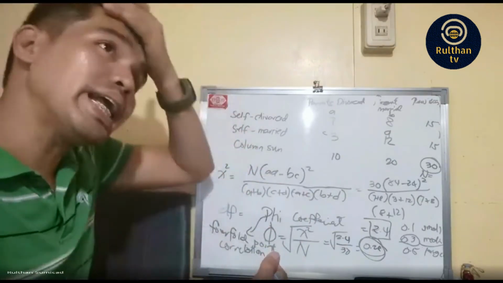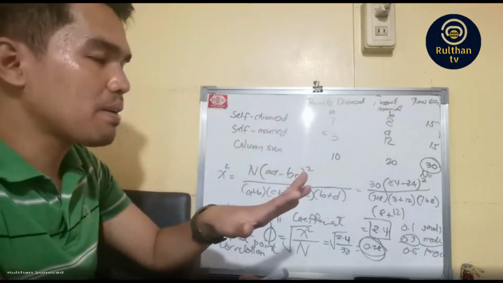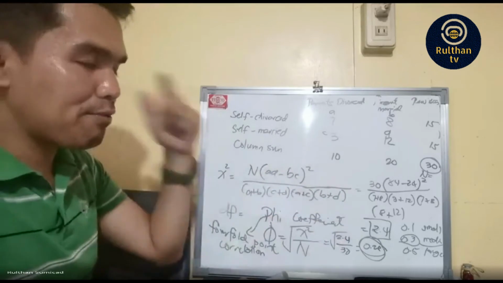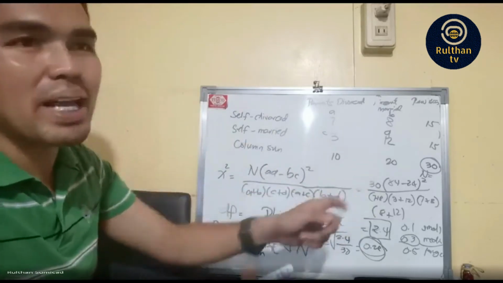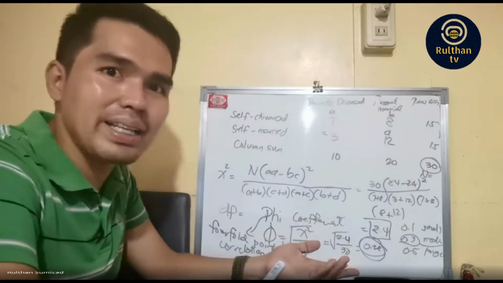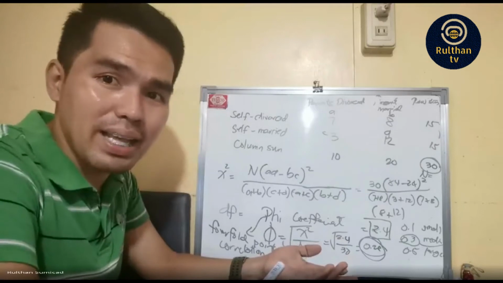But by the way, in actual research, we will no longer test the strength of the association if our interpretation of the result is not significant. Because what's the point of finding the strength of the association when, in the first place, the variables are not related?